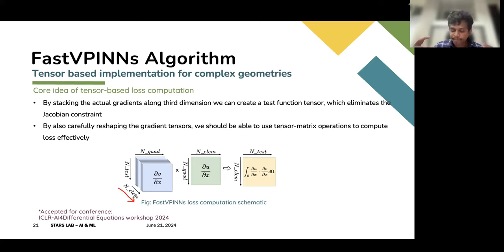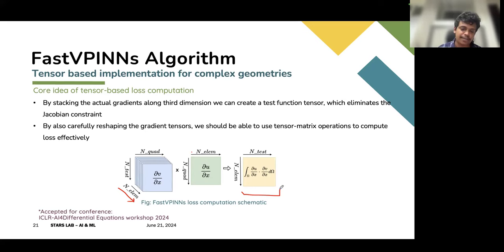You perform some transpose and rearranging operations, rearranging in the sense of just rotating your matrix. Then you assemble your n element cross n quad solution matrix, which is obtained from the neural network. Then we can get one component of your PDE residual for all the cells on all the quadrature points in your domain.